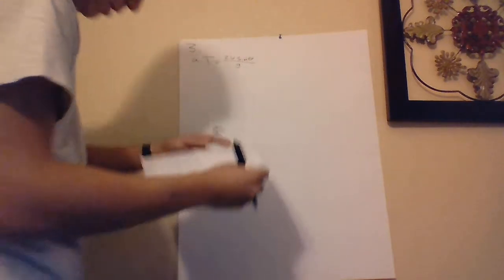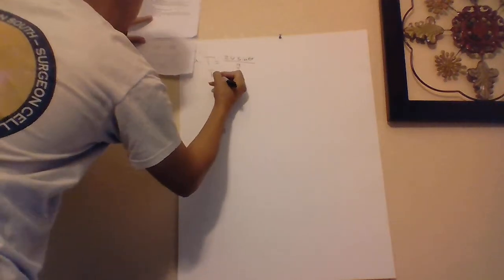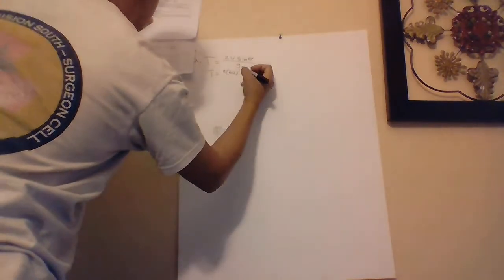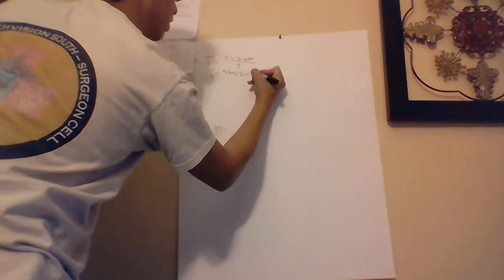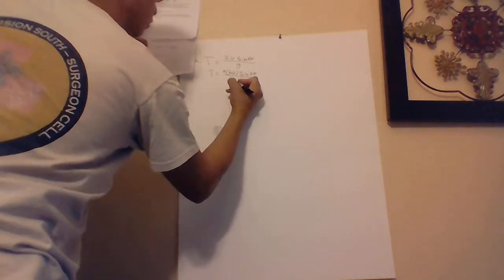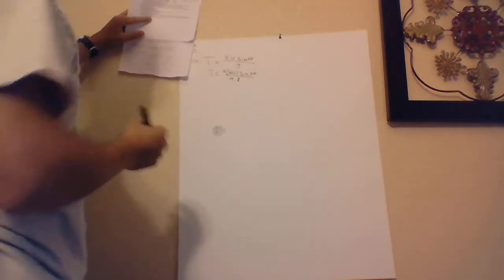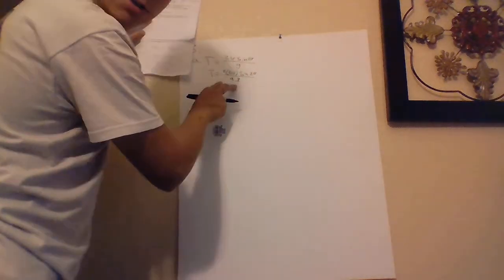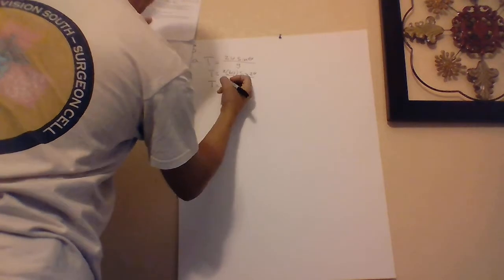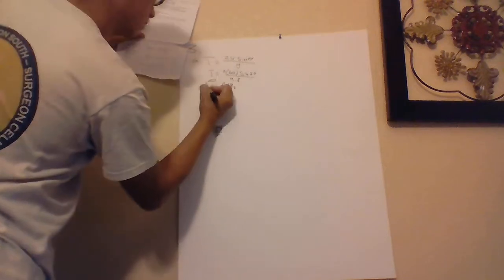If you fill it in, T equals 2 times 60 sine of 20 over 9.8. I chose 9.8 instead of 10 to make it a bit more accurate. Put that into the calculator. It comes out to T equals 4.18 seconds.